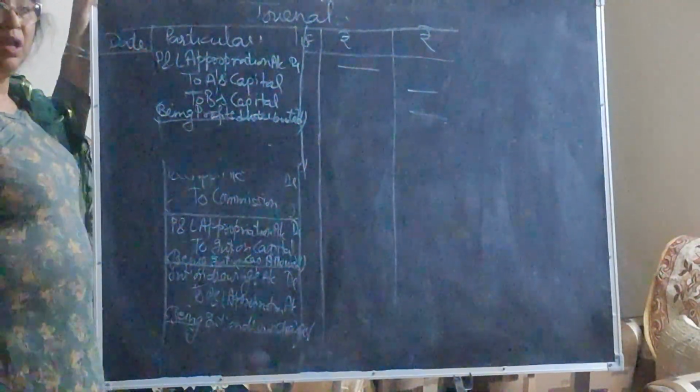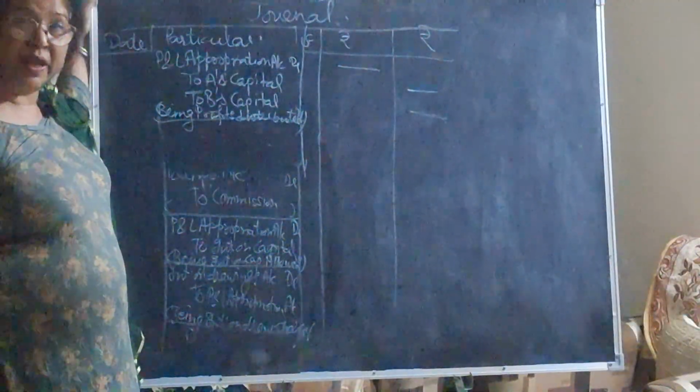So there are two types of entry. One is the closing entries, other is the transferring entry.